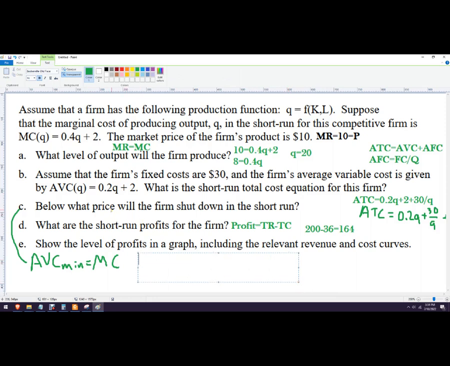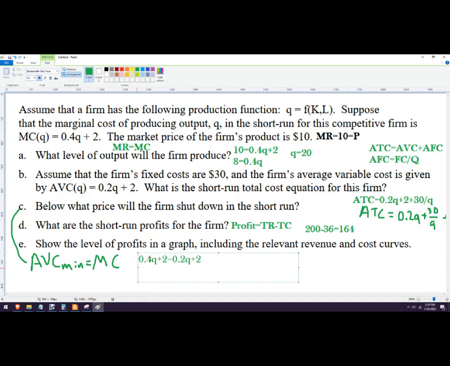This wants to know the price, so we want to know the quantity there. Once we find the quantity, we can just use that quantity to figure out whatever that price is. Okay, so 0.4 Q plus 2 equals 0.2 Q plus 2.